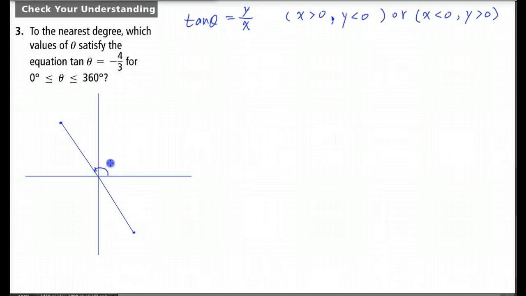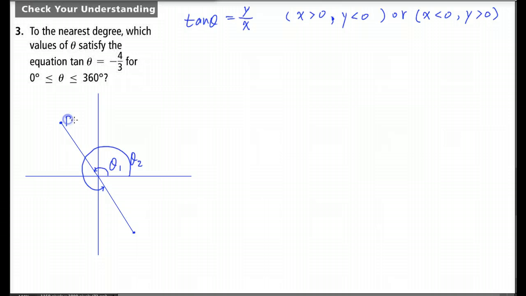So that's theta 1, it's possible, or theta 2. And if we pick any point on the terminal arm of either theta 1 or theta 2, let's try theta 1 first.